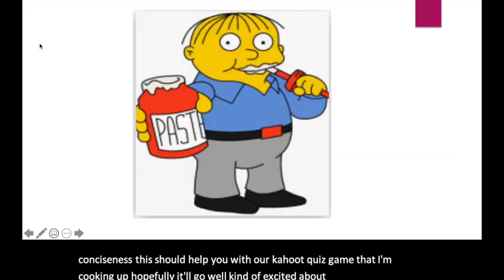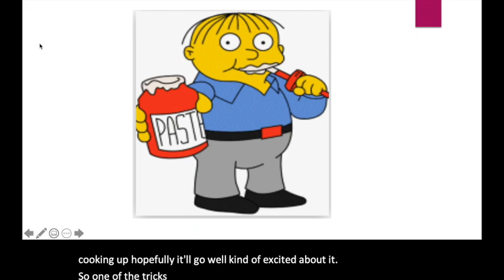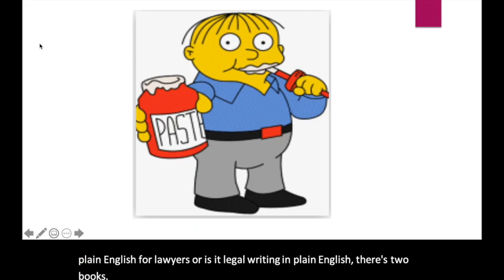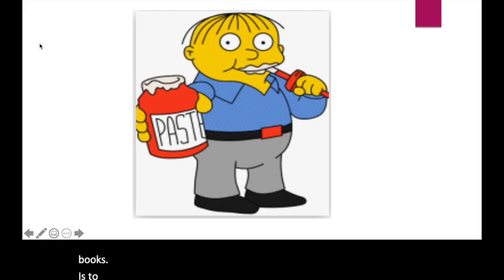So one of the tricks to conciseness, Richard Wydick came up with this in Plain English for Lawyers, or is it Legal Writing in Plain English? There's two books. It is to eliminate what he calls glue words, the words that are holding other words together.